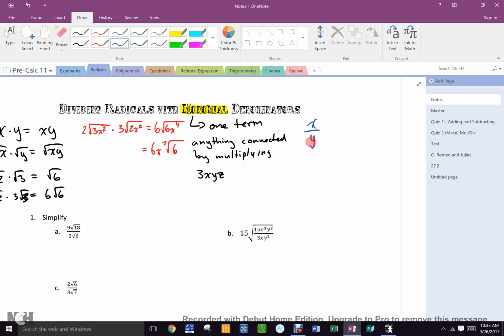Without me even showing you anything, you should be able to put together this. What do you think is the answer? Why do you think that is the answer?